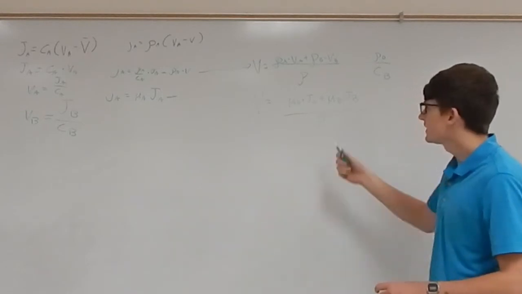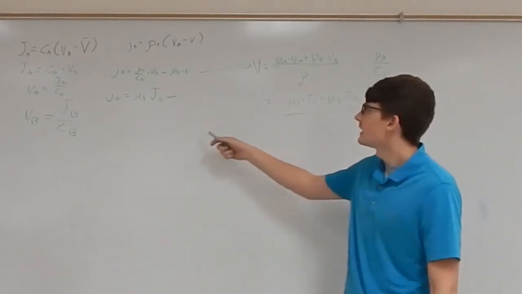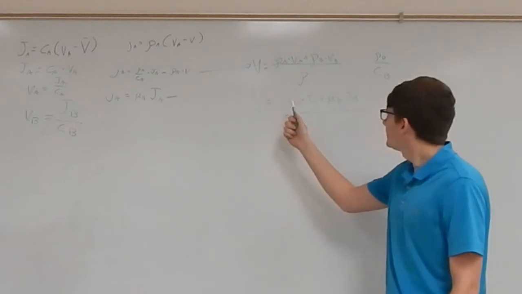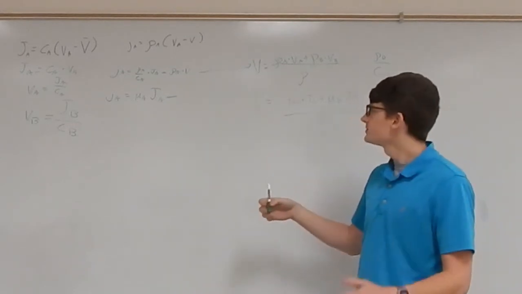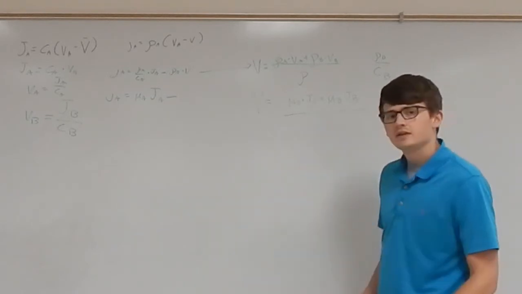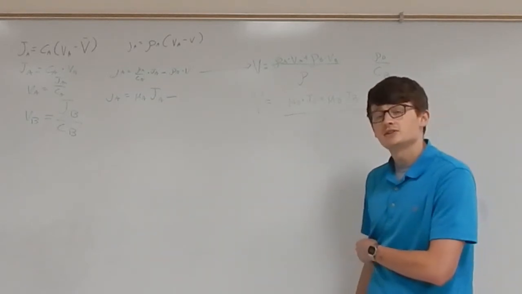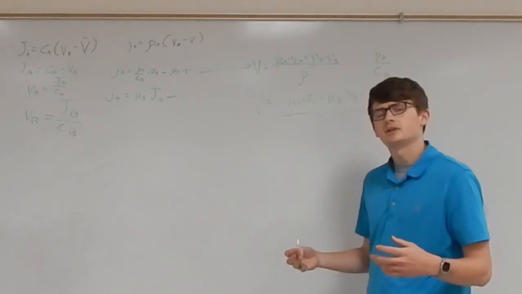So this is getting a little bit closer to something that we can work out, because we're getting close to being able to take out this molar diffusion flux, and that would really simplify the formula a lot.